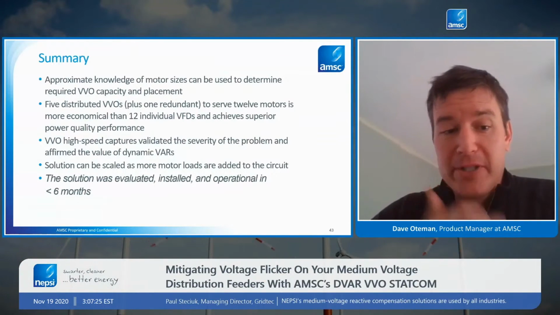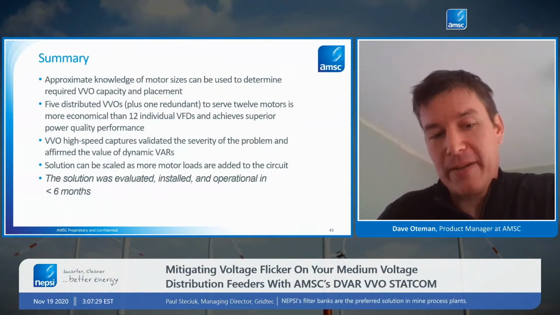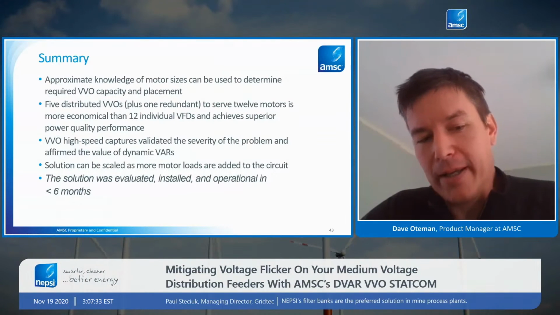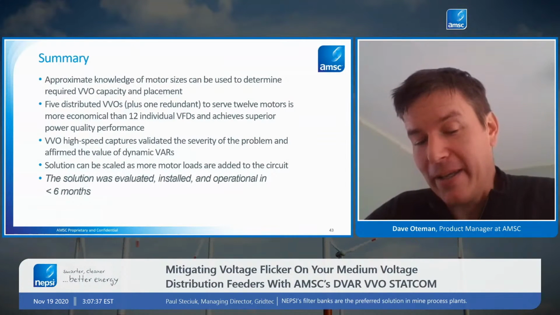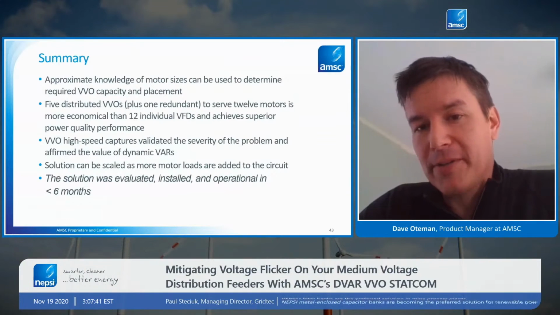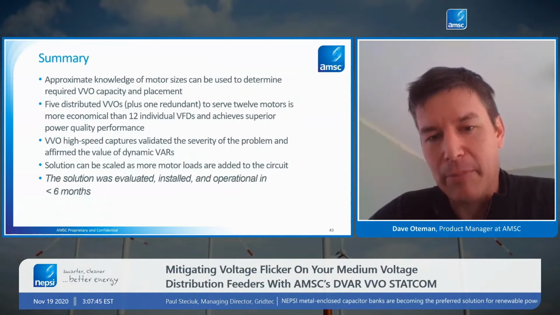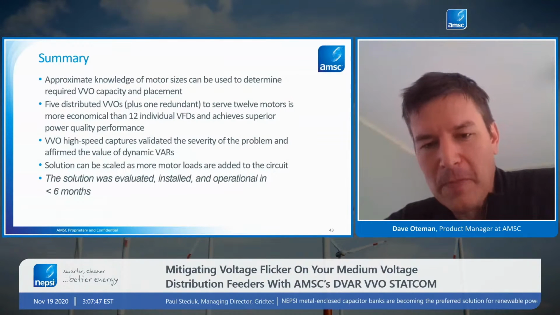And from the first time that we got the models and understood the problem, we evaluated, made the proposed solution, and shipped all the equipment to them in about 6 months, from the time they first approached us to the time that this was actually installed and operational.